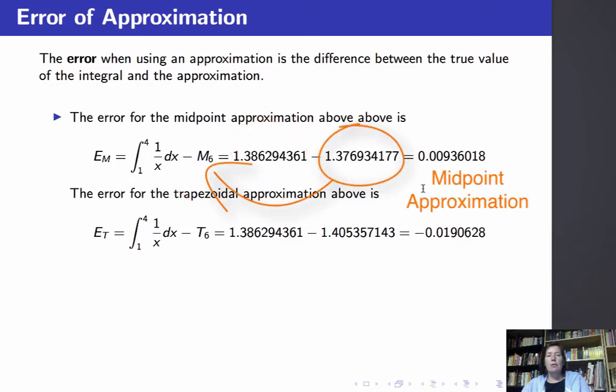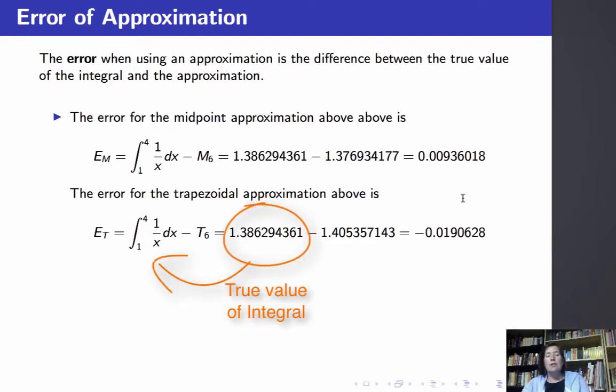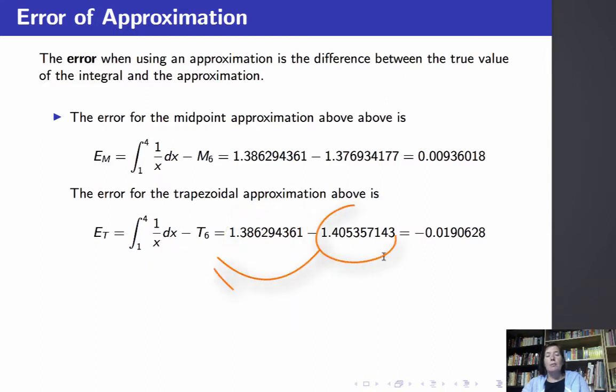And here we've included 9 decimal places for each. So we have 1.38629436 minus the approximation we got, and we see our error is 0.00936018.